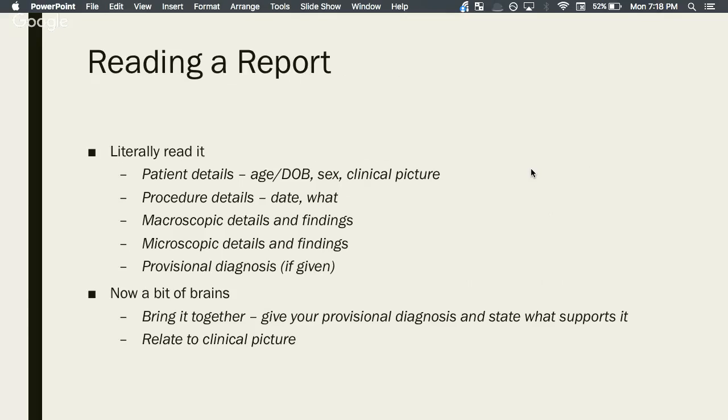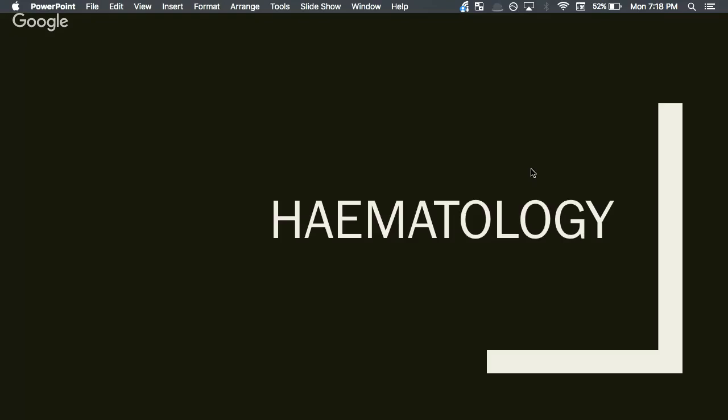By that point, you've got substantial marks just by reading. Then you bring it together. Give your provisional diagnosis, say what supports it, and again, relate it to your clinical picture. There's not too much to think about in this particular station.